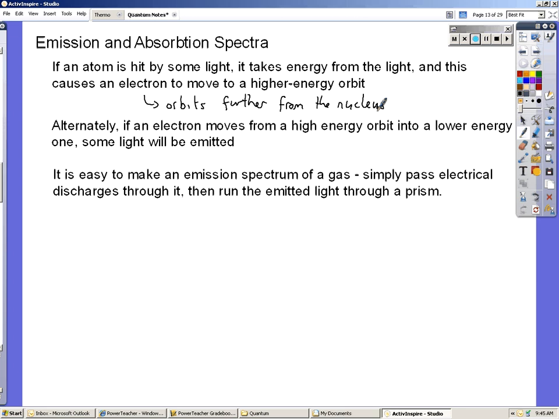And if the light has enough energy with it, it knocks the electron all the way off, which explains the photoelectric effect that we discussed previously.